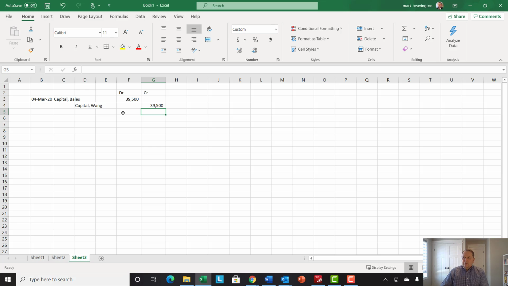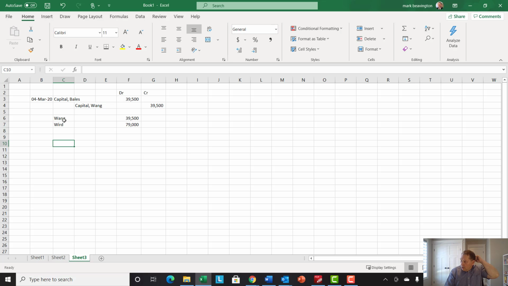That's the journal entry. So we end up with 2 partners really in the end: Wang with $39,500 in a partner's capital account and $79,000 for Word. And Bales is gone and out of there.